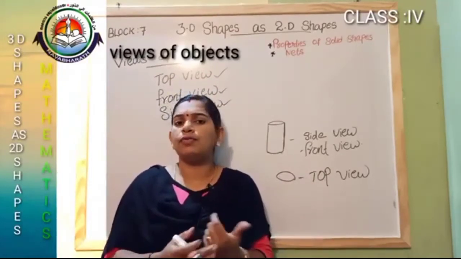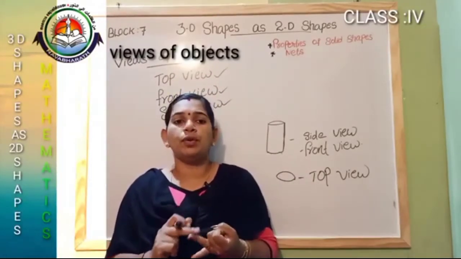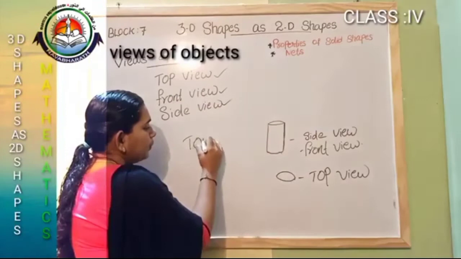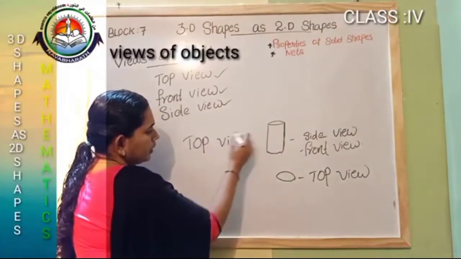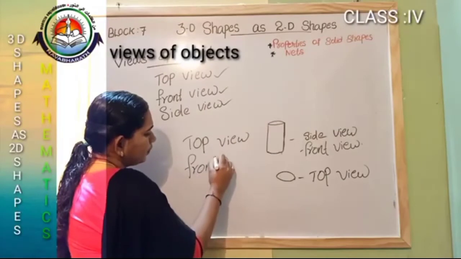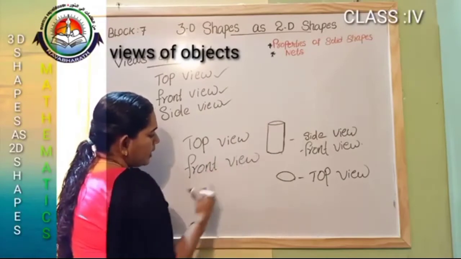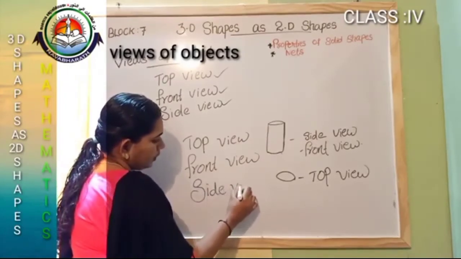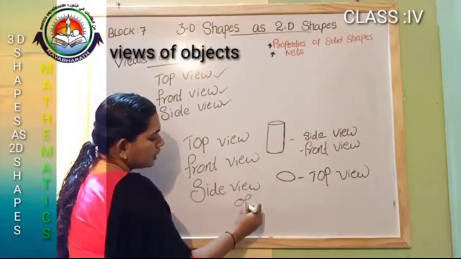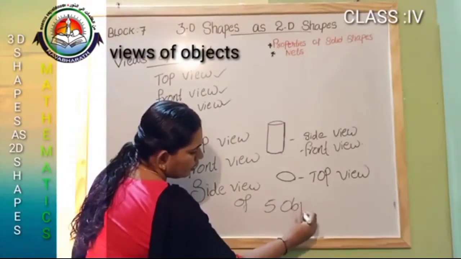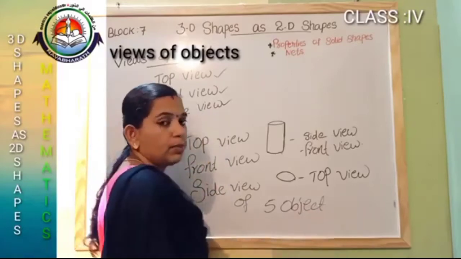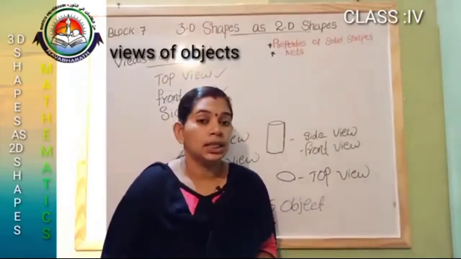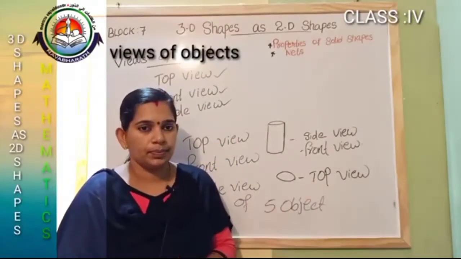You collect five things. Draw the top view, front view and side view of those five objects from your surroundings.